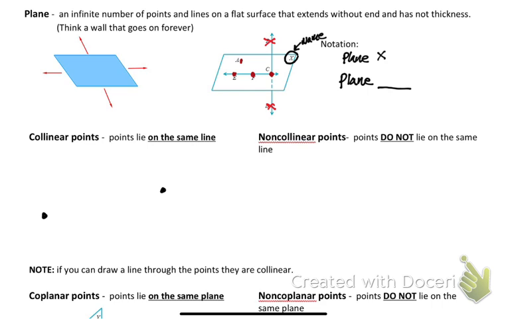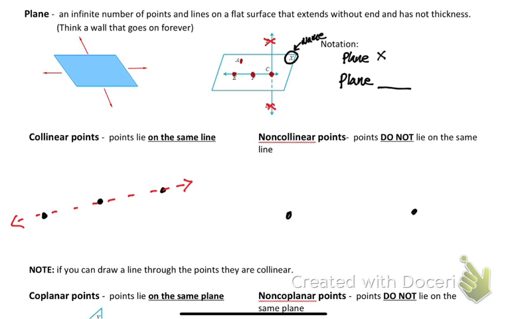The 3rd point, I'm going to put it right here. Now, we don't have to draw a line through this to know it's collinear. We just have to kind of picture that a line could be drawn through it. If a line can be drawn through it, it's collinear. If you can't draw a line through it, it is our next word, which is non-collinear. Non-collinear would be like this.